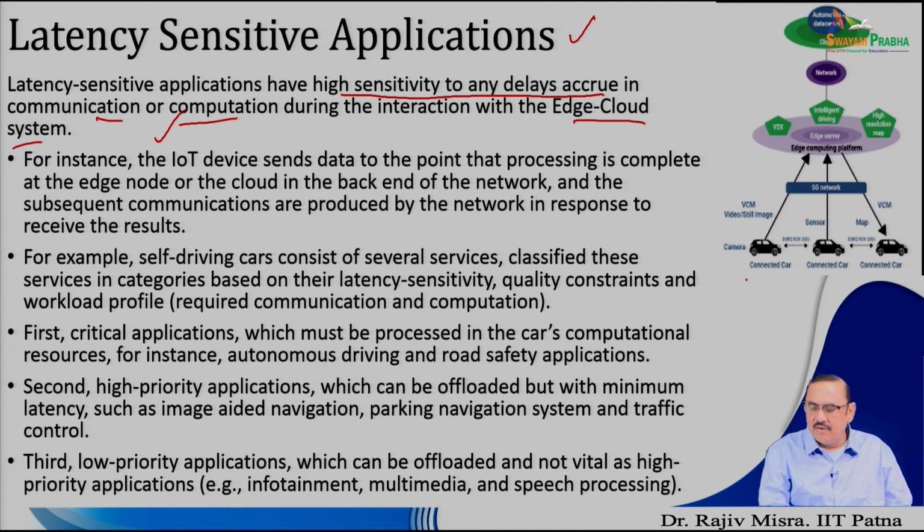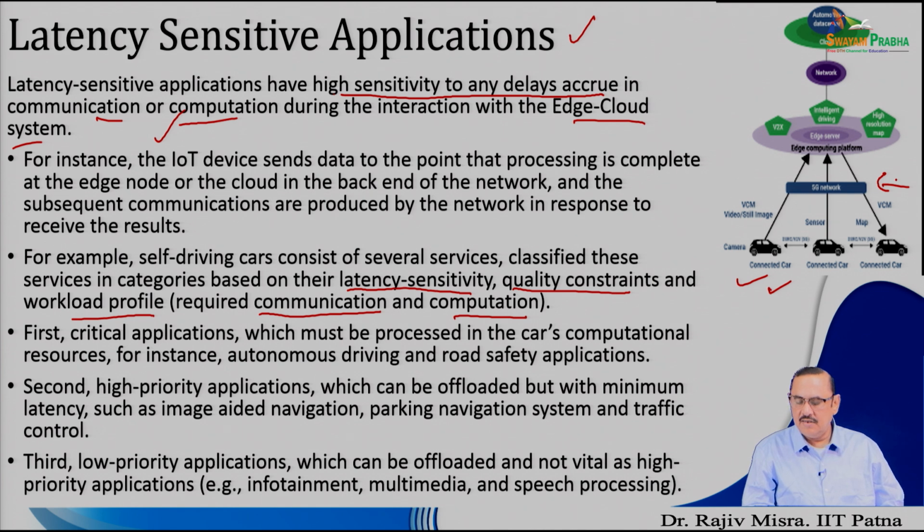Take this example: a self driving car consists of several services, and these services are categorized as latency sensitive, with quality constraints and a workload profile that requires communication and computation. For example, connected cars often use networking, let us say a 5G network, enabling the connectedness of the self driving car or a camera installed within the car.